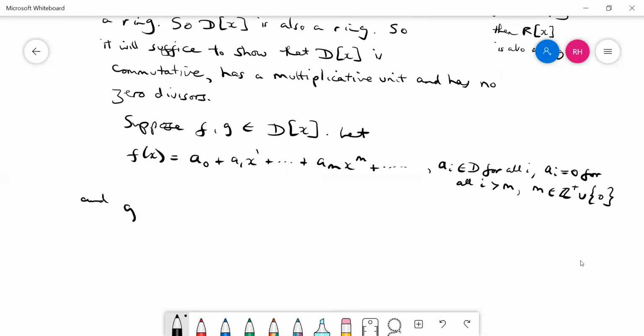let's let g(x) equal b0 plus b1x^1, and this time it'll just go up to bn. It's a different polynomial, so it might have a different degree.